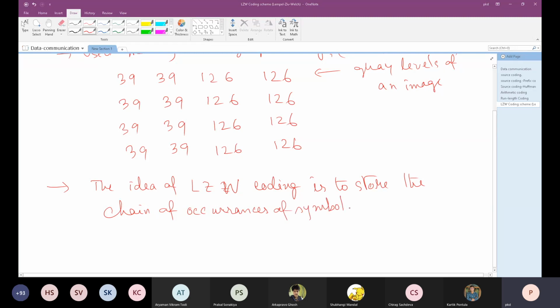It can be equally applicable to symbols, the chain of occurrences of symbols in a dictionary.